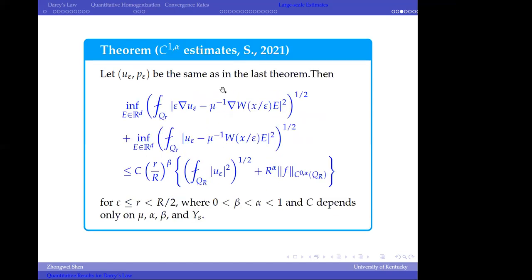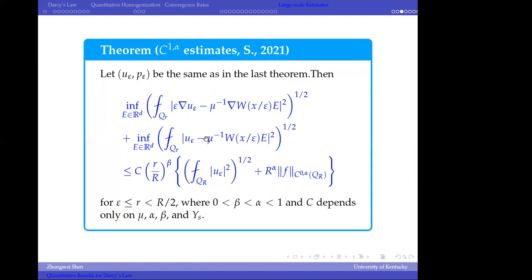There's also a C1 alpha estimate, provided you subtract the leading term in the asymptotic expansion. This is also referred to as the excess decay estimate. So you look at the solution u epsilon and subtract the leading term. The leading term you can replace by a constant, and you're searching for the best constant.